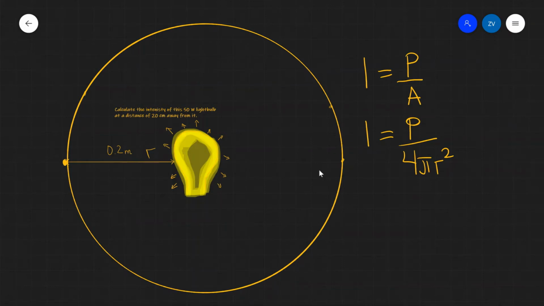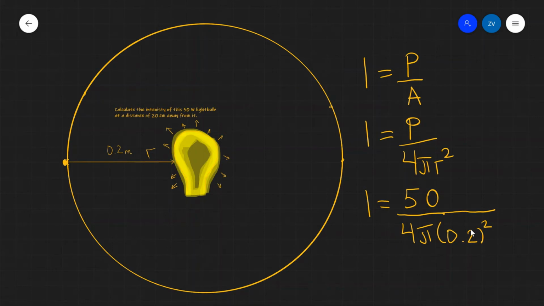So let's put in some numbers. The power in this case was 50 watts, like so. We're going to divide that by 4 pi, and our radius is equal to 0.2, squared. One of the most common mistakes here is to forget to square the distance, but we're not going to do that.